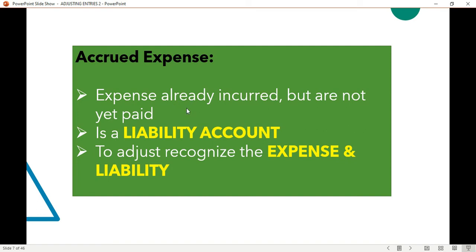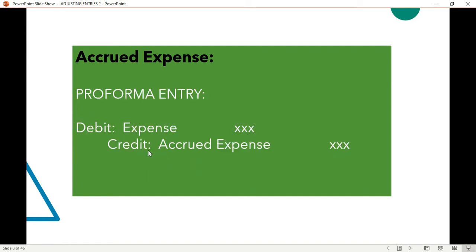So these are expenses already incurred but not yet paid. Accrued expense is a liability account. To adjust, you need to recognize the expense and the liability. And this is the pro forma entry to recognize accrued expense. It's a debit to expense and a credit to accrued expense.